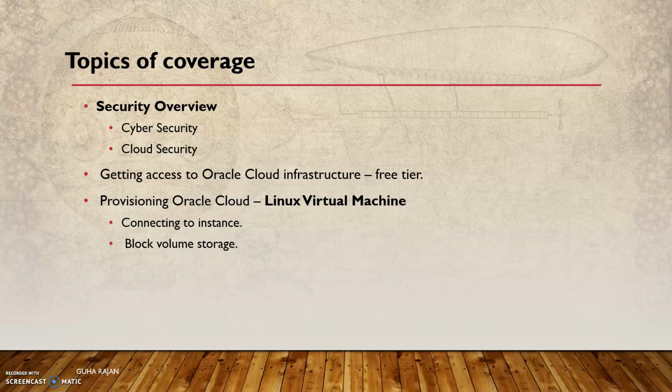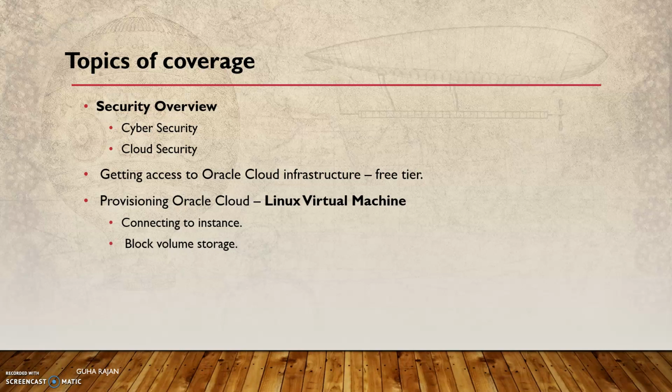So we'll initially start with how to provision a Linux virtual machine, and then connecting to the virtual machine through secure shell. We'll be using PuTTY, and post that you can also add a block volume, that is the storage.